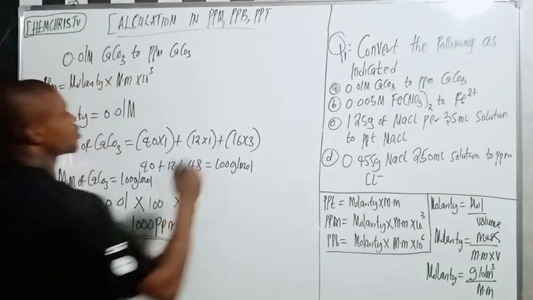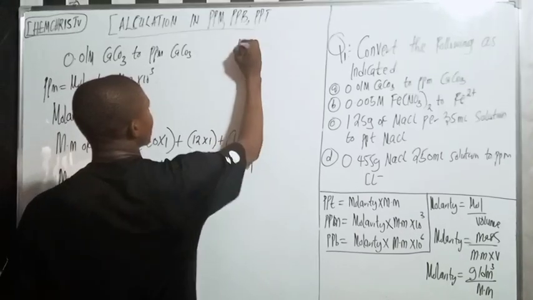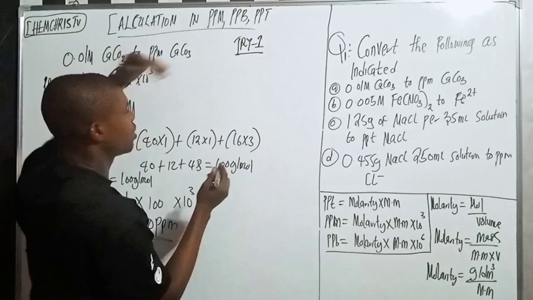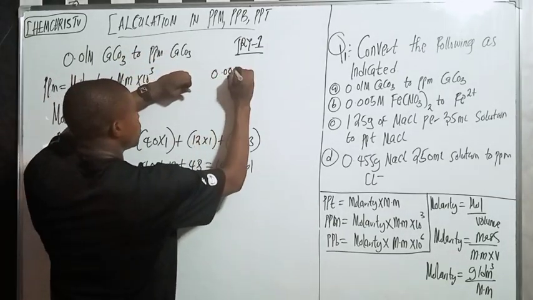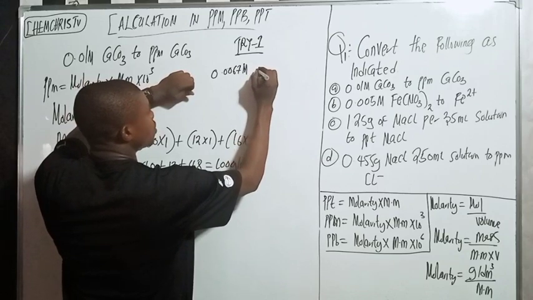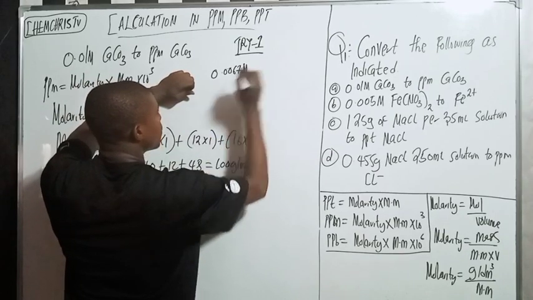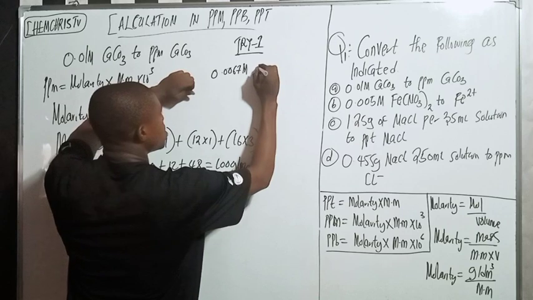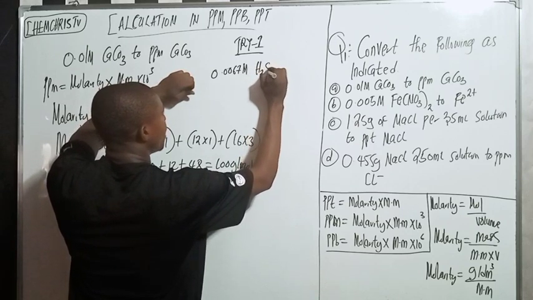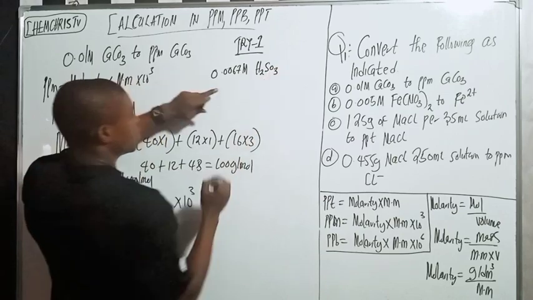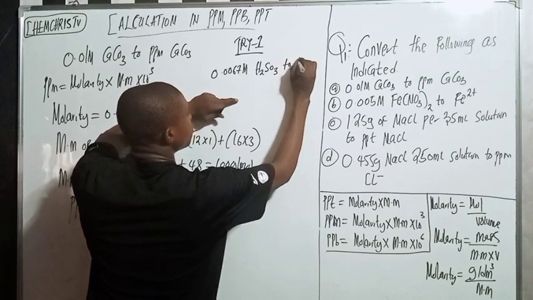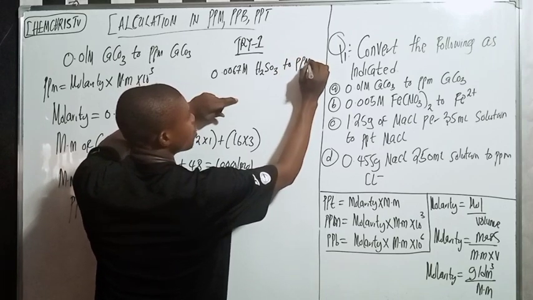Now let me give you one for you to try. Try 1. You have 0.0067 molarity of H2SO3. Convert this molarity to ppm.